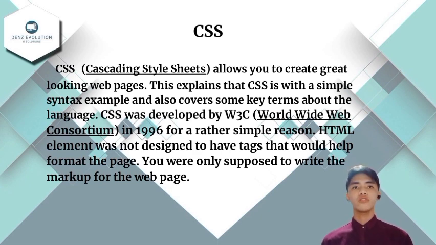HTML was not designed to have a task that would help format the page. You were only supposed to write the markup for the web page. CSS can be used for very basic document text styling, for example, for changing the color and size of the headings and links. It can be used to create layout.